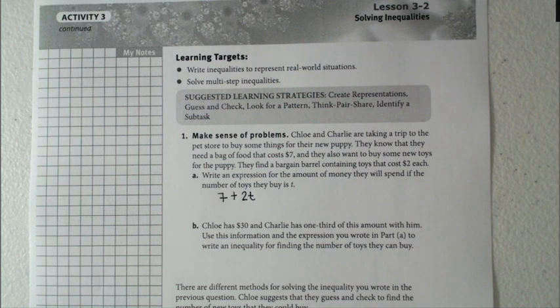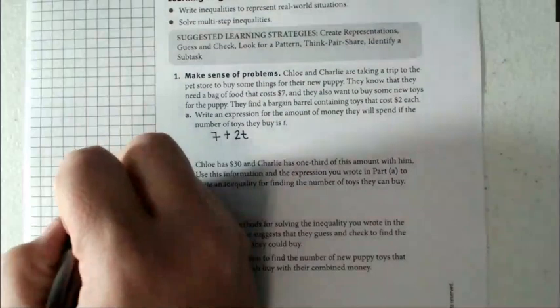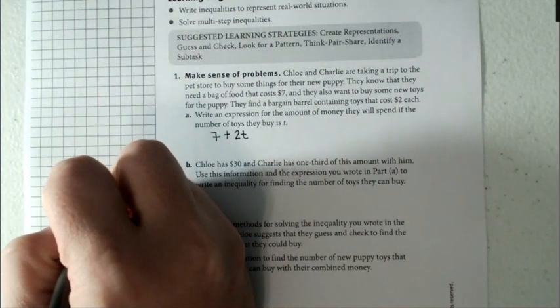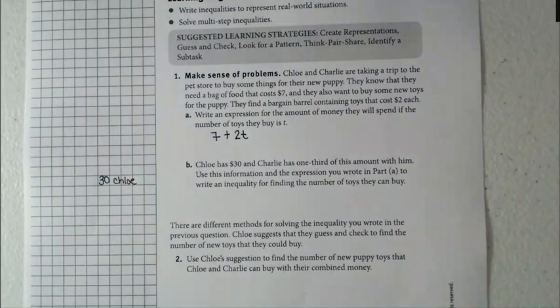Now, let's take a look. Chloe has $30 and Charlie has 1/3 of the amount with him. Use this information and the expression you wrote in Part A to write an inequality for finding the number of toys they can buy. Well, let's take a look off to the side. Chloe has 30, right? And Charlie has 1/3 of that amount.